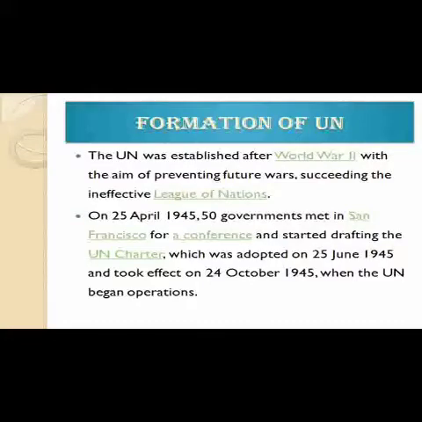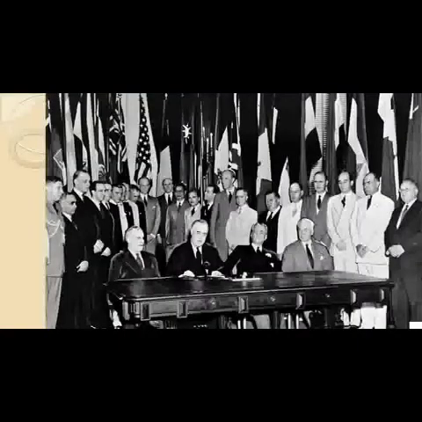On 25th April 1945, 50 governments met in San Francisco for a conference and started drafting the UN Charter, which was adopted on 25th June 1945 and took effect on 24th October 1945, when the UN began operations. Here you can see the member countries signing the UN Charter.